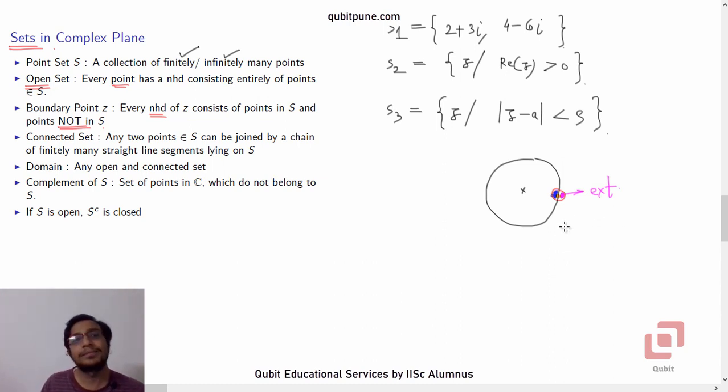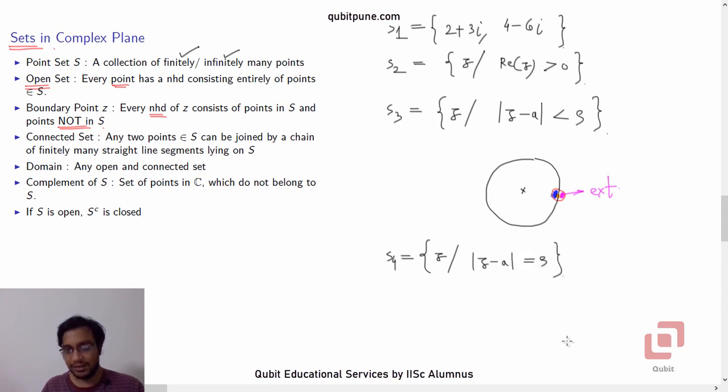So this is called a boundary point z of a set S. So all boundary points are in the example that we are discussing in this set.